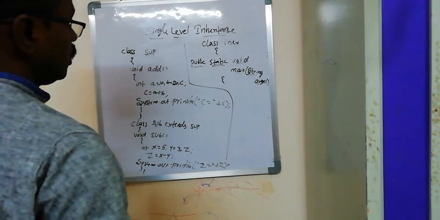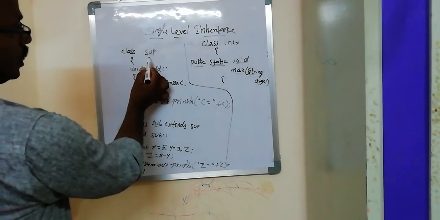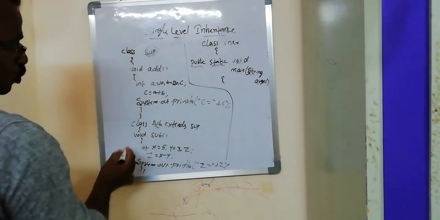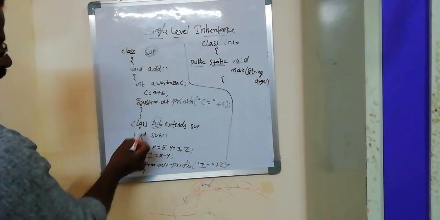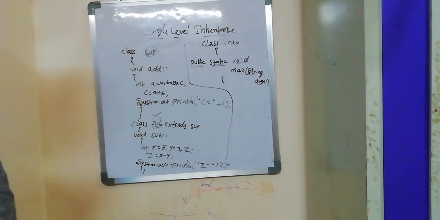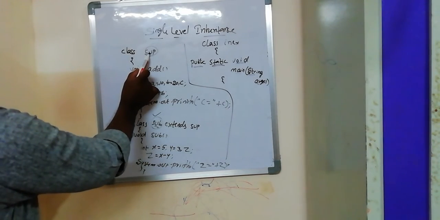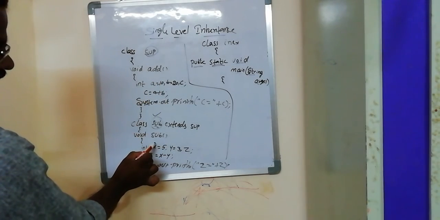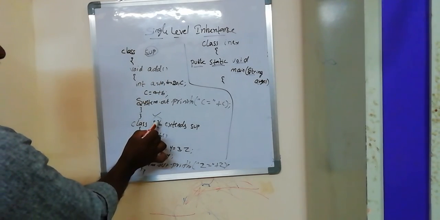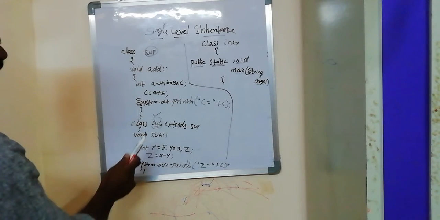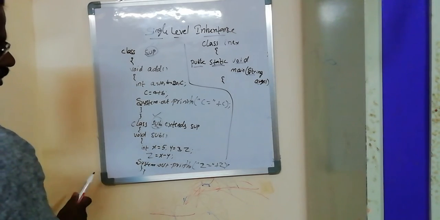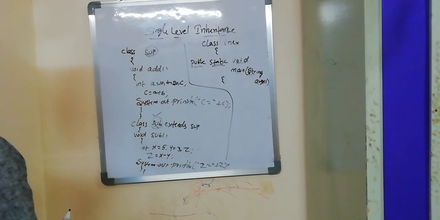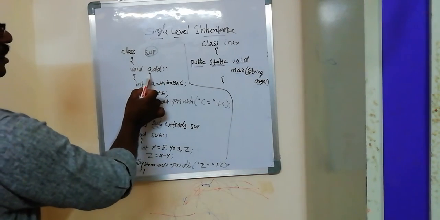We declare the object of the inheritance classes. There is one superclass and one subclass. The SUP class is inherited in the subclass, so we can create only one object, because the SUP class property, the add method, is inherited in the subclass. The object is of sub, which contains the sub method as well as the add method.